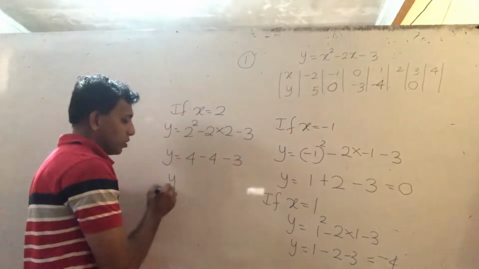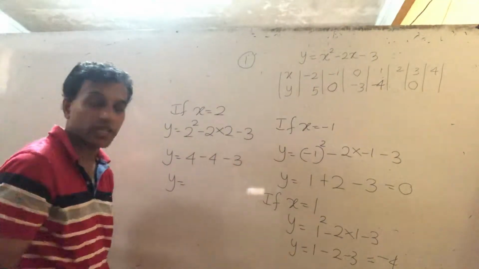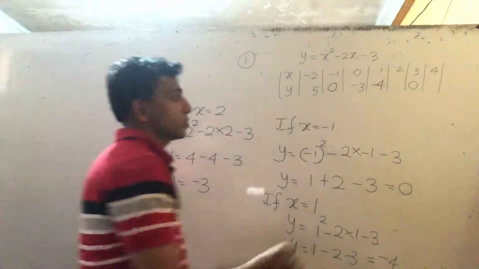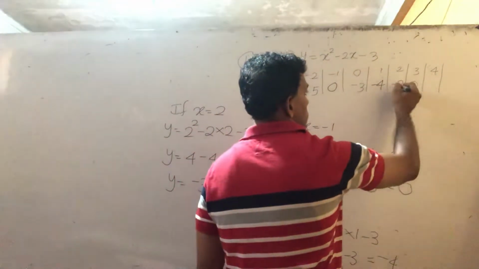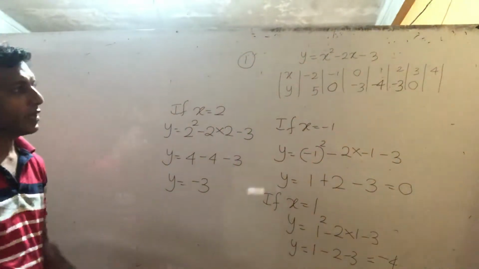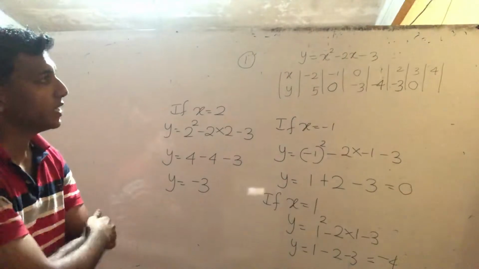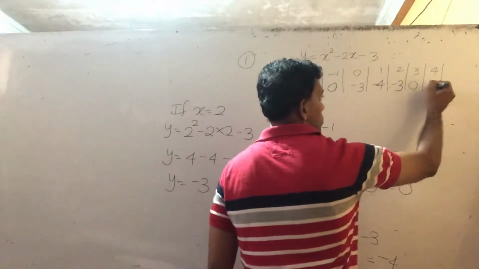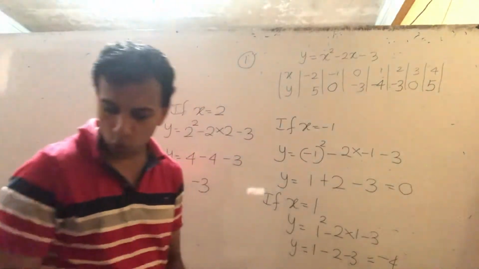So y equal 4 minus 4, 0, minus 3. And in the same way, x is 4, 16, minus 8, minus 3, I think 5. So the first part is over.